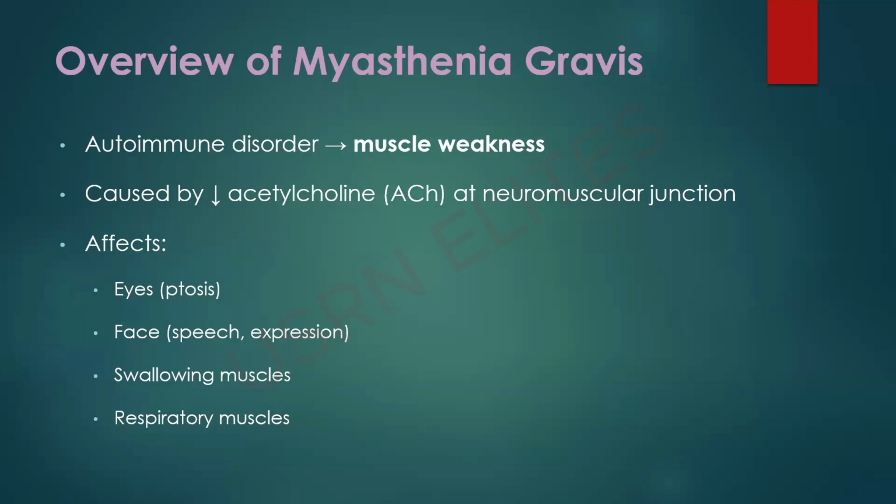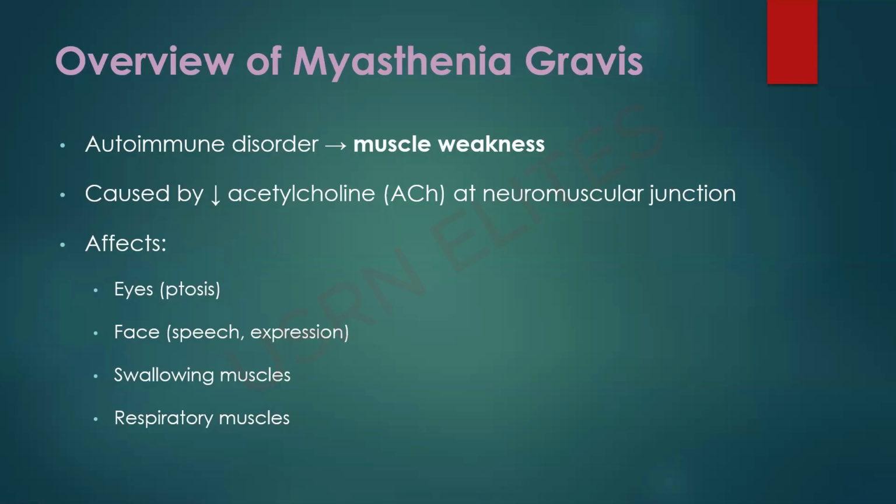Then the next one, you can have swallowing issues and respiratory muscle issues. So when it comes to myasthenia gravis, because it's an issue with the neuromuscular junction, respiration is the most concerning part of it.